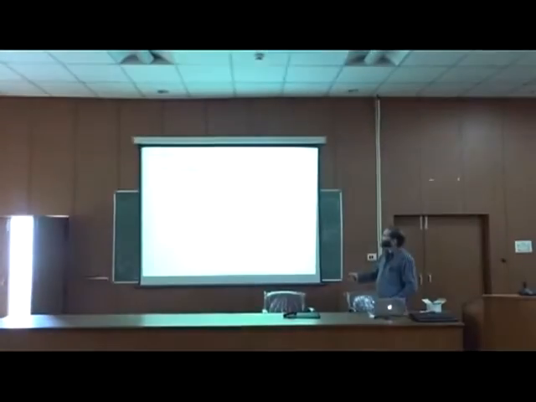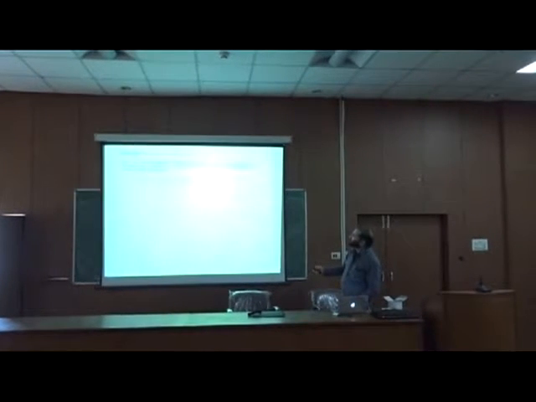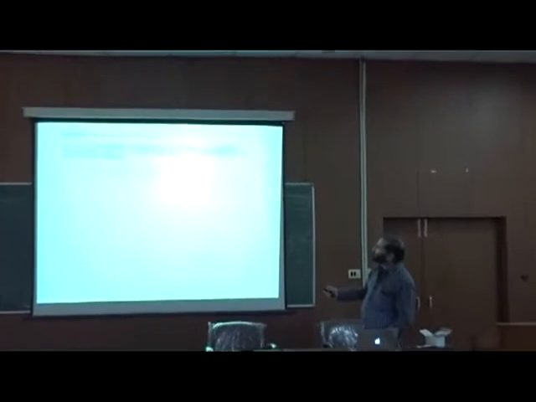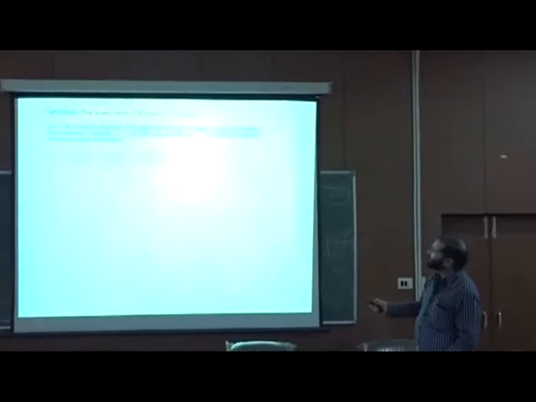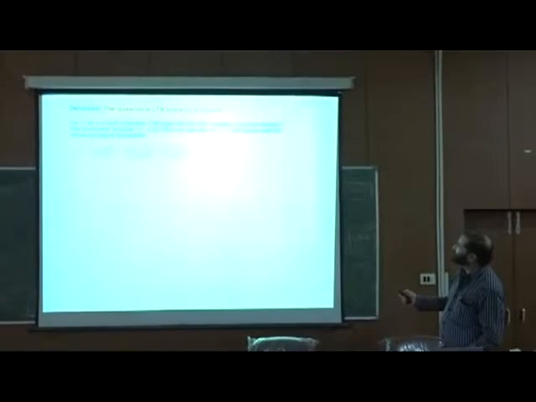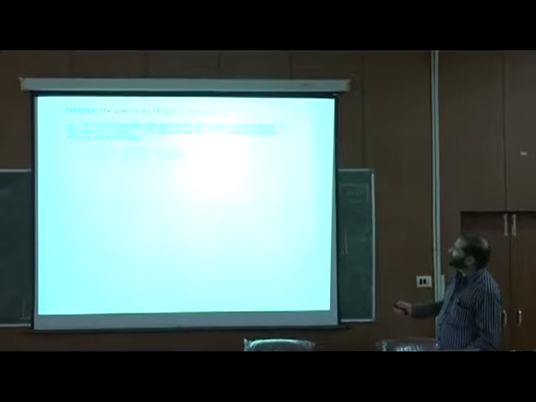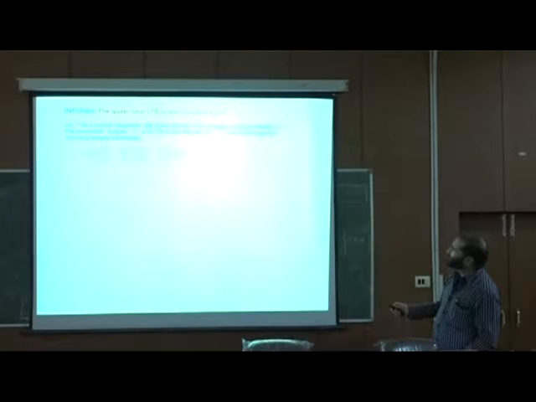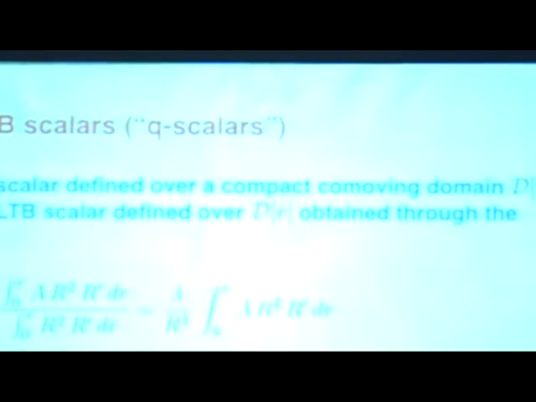Definition. Let A be a smooth integral LTV scalar that is defined over a compact comoving domain. The associated Q scalar AQ is an LTV scalar that is defined over the same domain and that is obtained through the following integral distribution.